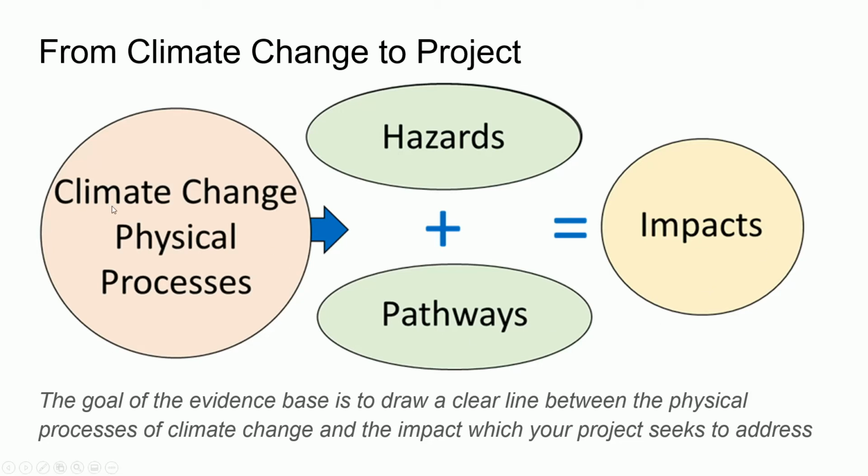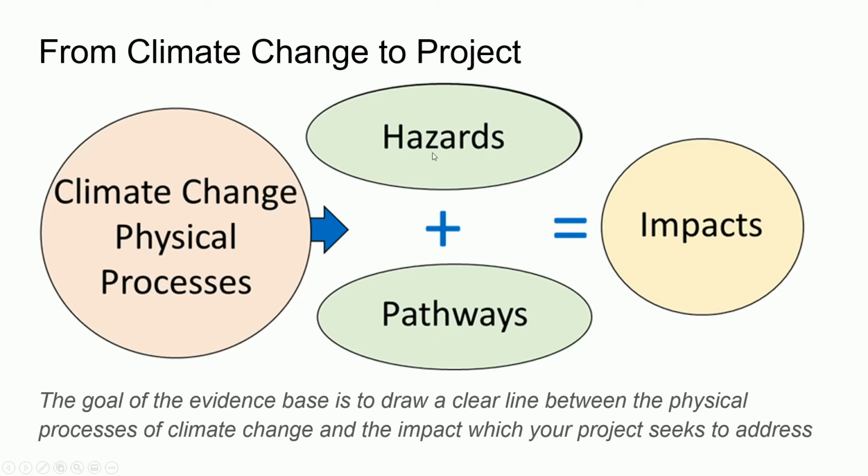So in our project preparation activity, we're going to conduct some background research on each of these bubbles here. We're going to find out what the climate change physical processes are. Maybe increasing temperatures or changing precipitation patterns, changing rainfall patterns, those sorts of things. And we're going to see how those affect the hazards, like droughts and floods and landslides and things like that.